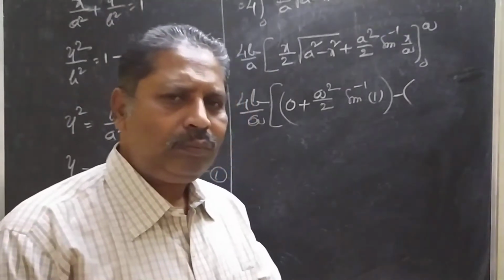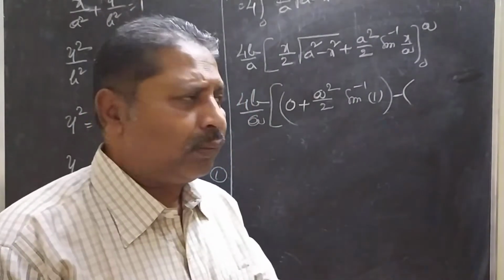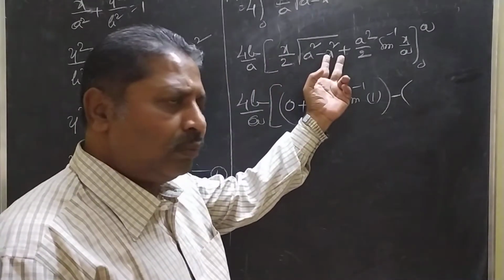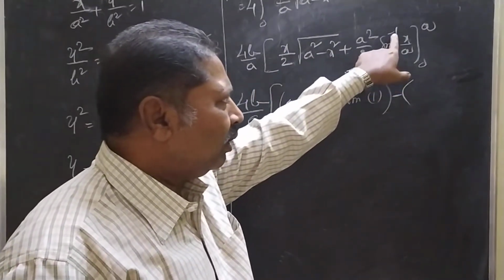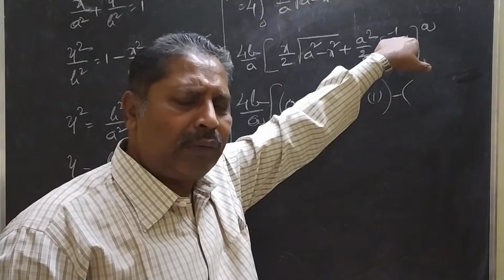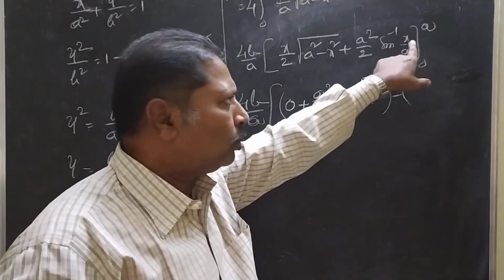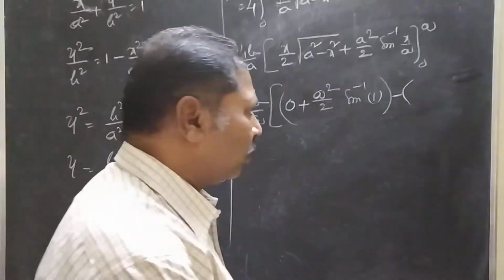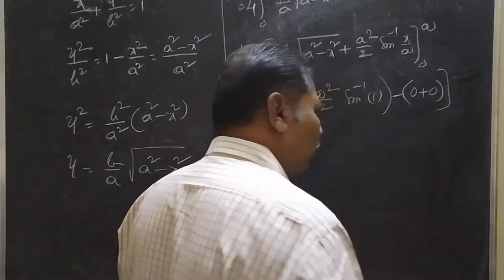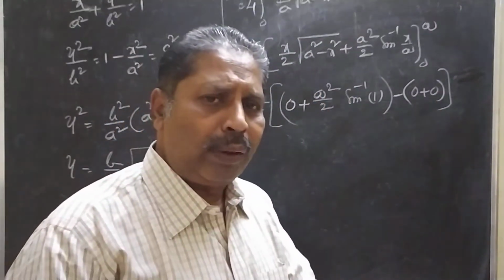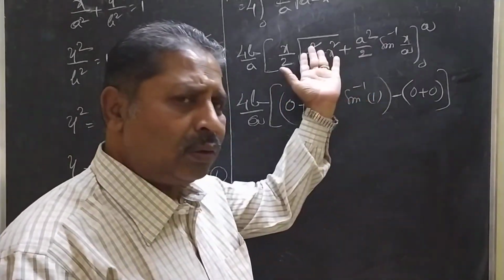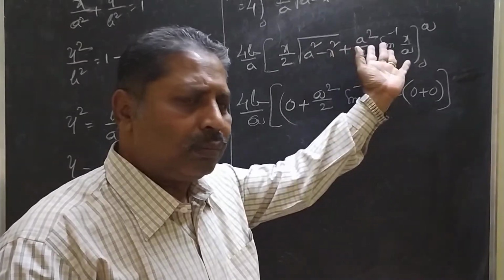Next, put x value 0. 0 into something is 0. Sine inverse 0 equal to 0. So 0 into something is 0. So when x value 0, the lower limit is also equal to 0.